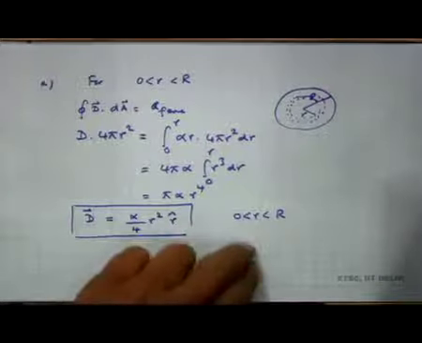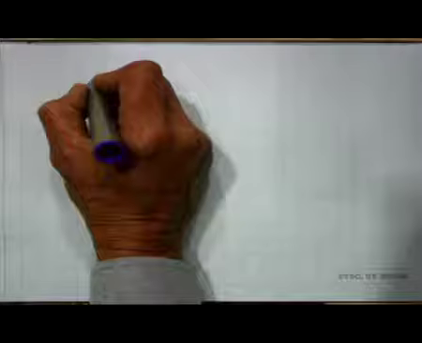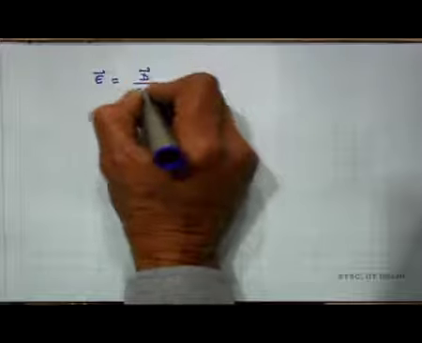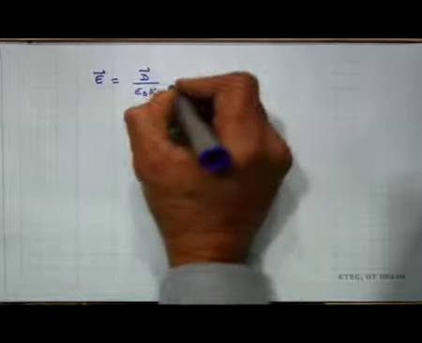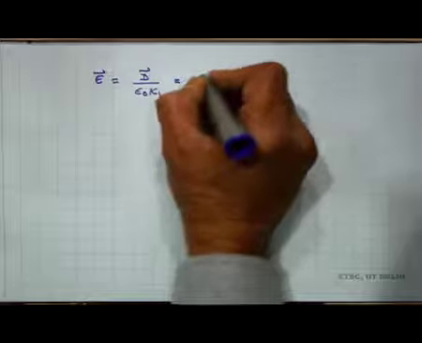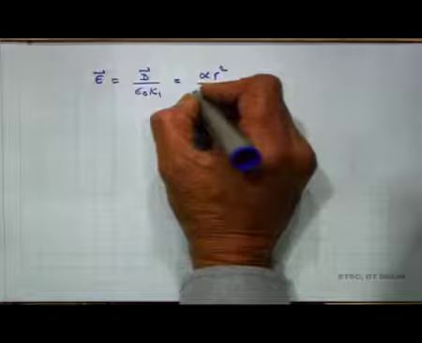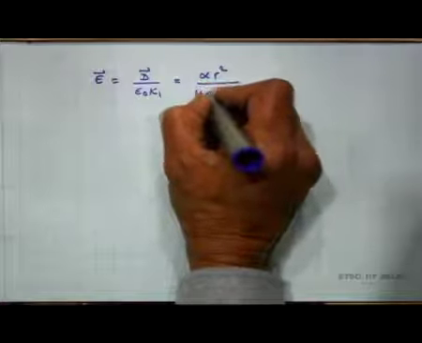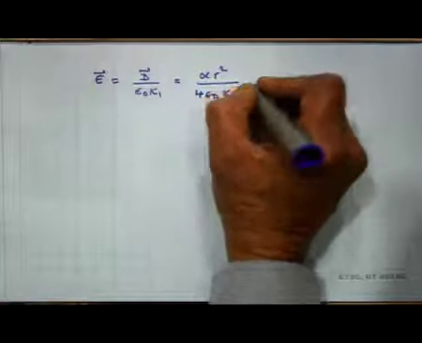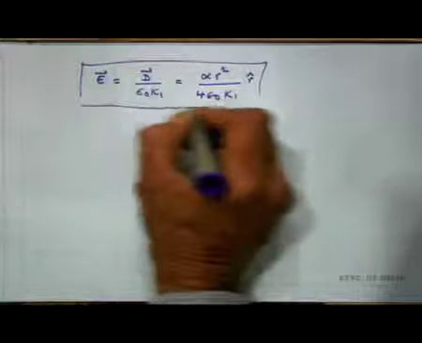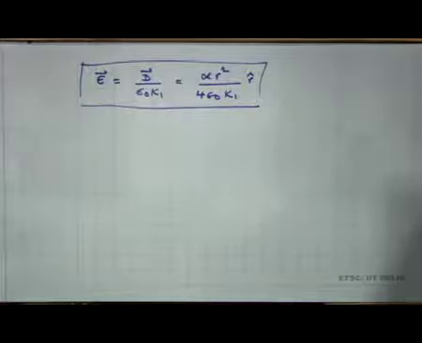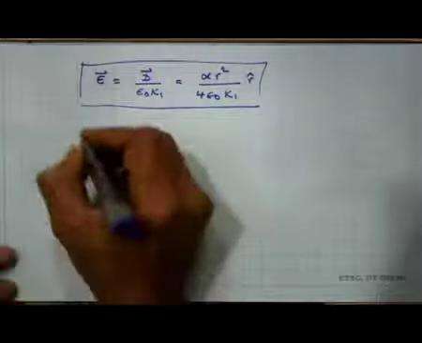And I know the relationship between D and E vector. So, E vector is equal to D vector by epsilon 0 times the dielectric constant. So, this is nothing but alpha r squared by 4 epsilon 0 K1 into r cap. That is the electric field, and in fact, you can calculate the polarization also.